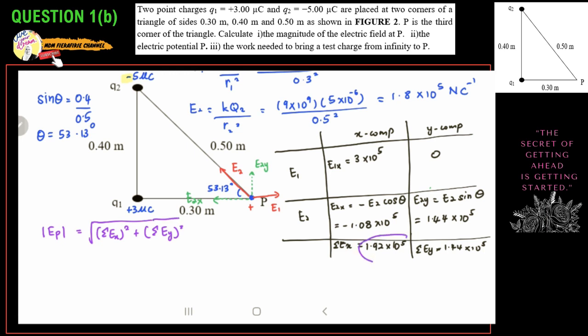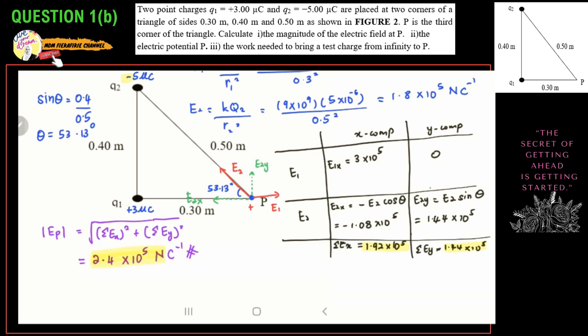Sekejap saya highlight, jadi nilai yang ini dan yang ini, kita substitute dalam ni lah. So you akan dapat the magnitude of electric field at point P is equal to 2.4 exponent 5 Newton per coulomb. So this is the answer.